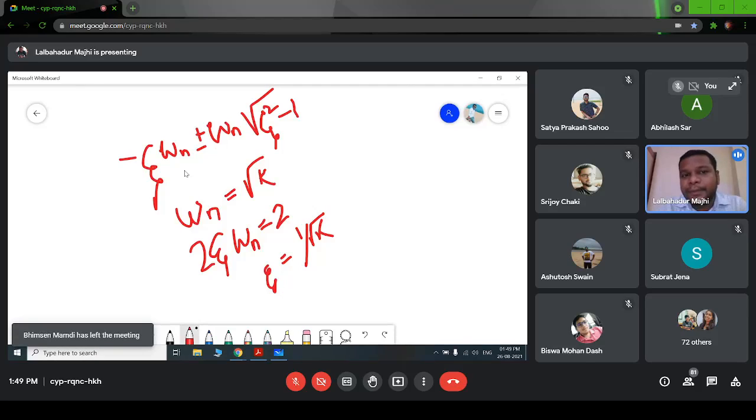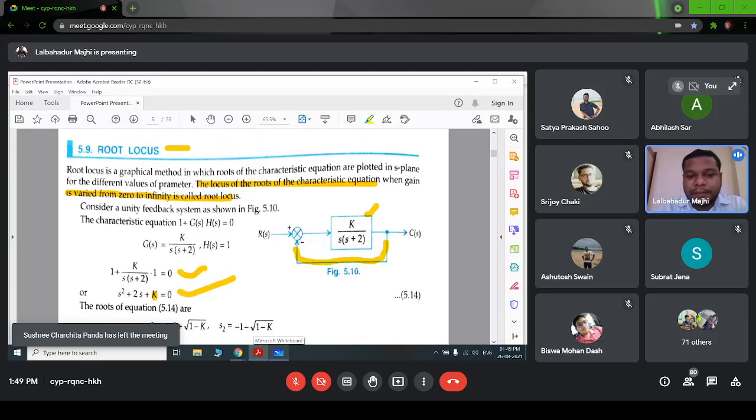Simply we have to put them here, then we will get our two roots, let's say S1 and S2, the two roots of the characteristic equation. The two roots will be S1 equals minus 1 plus root over 1 minus k, and S2 equals minus 1 minus root over 1 minus k. There will be two roots because this is a second order system.